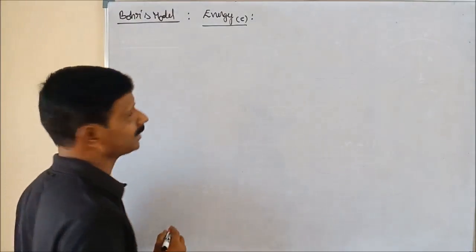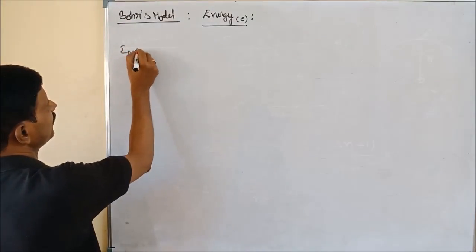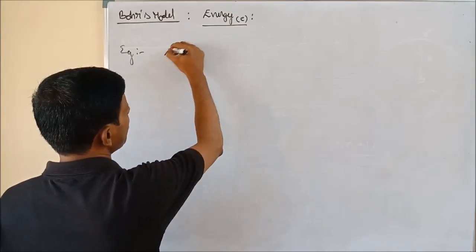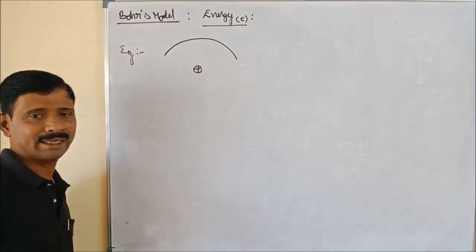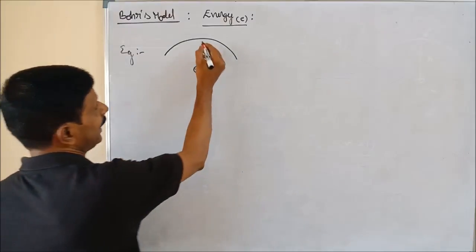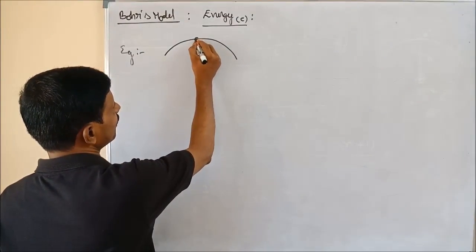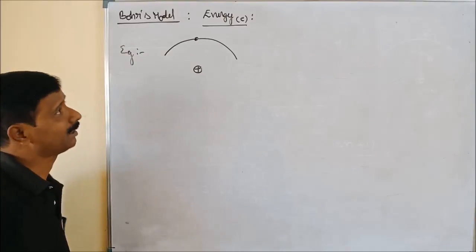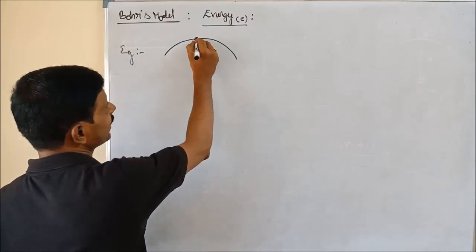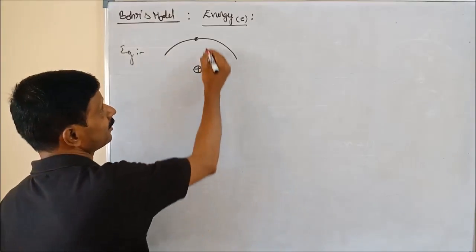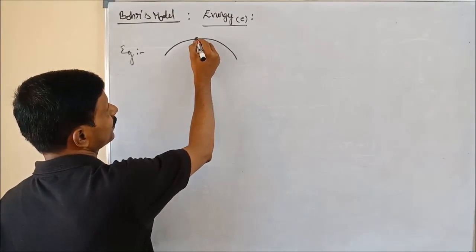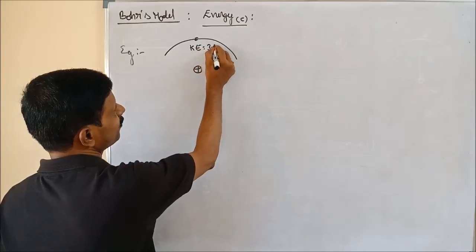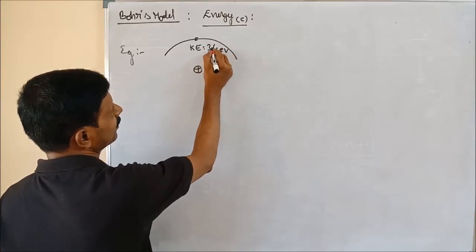One is, imagine example. Here there is hydrogen atom. Now, the electron present in a particular orbit, we don't know the number of the orbit. Okay. So, here it is having a kinetic energy of 3.4 electron volts.